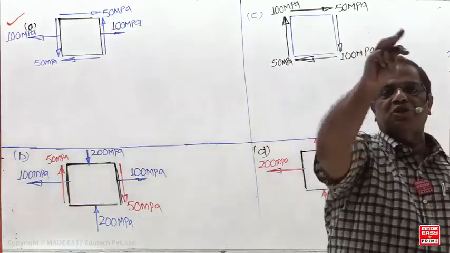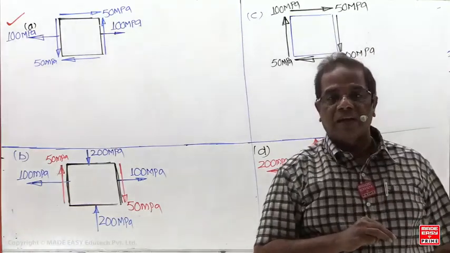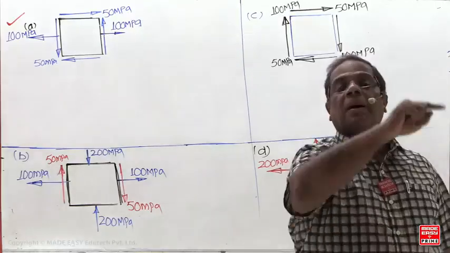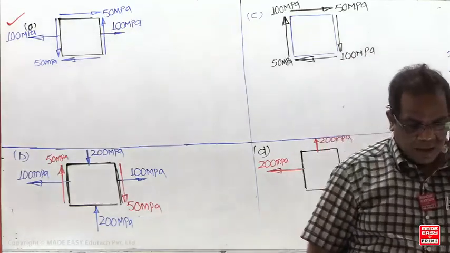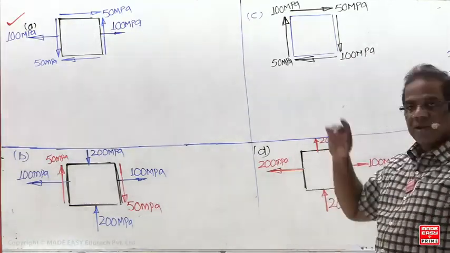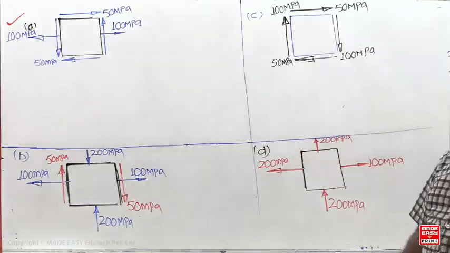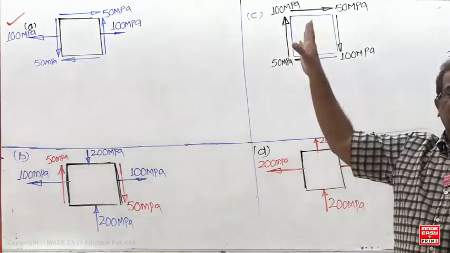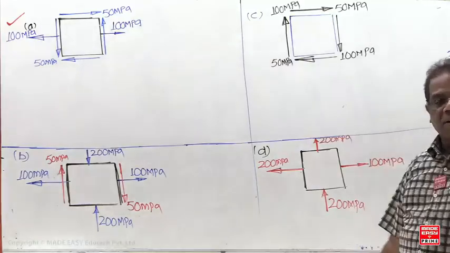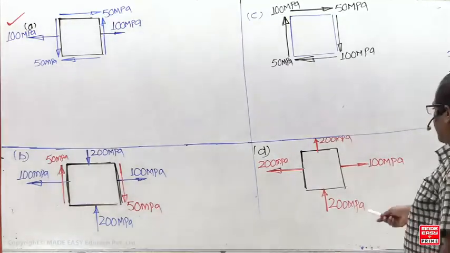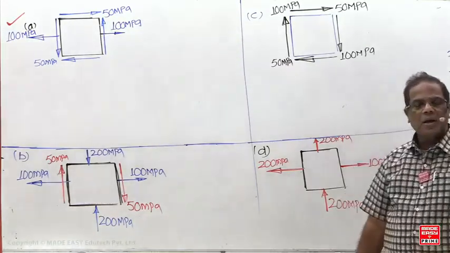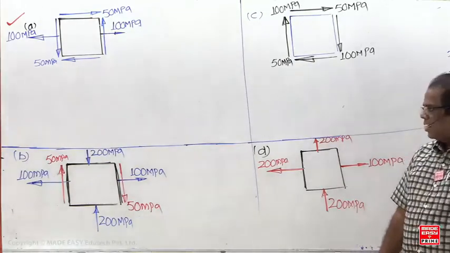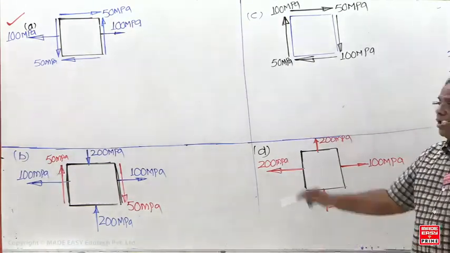For biaxial, the sum of horizontal forces should be 0, the sum of vertical forces should be 0, and the sum of couples should be 0. Only option A; the remaining are not in equilibrium. One friend has given the correct answer: sir, you can directly tell option A. B, C, D are not in equilibrium. Somebody selected D. How is D correct? Is it in equilibrium? Only in A.